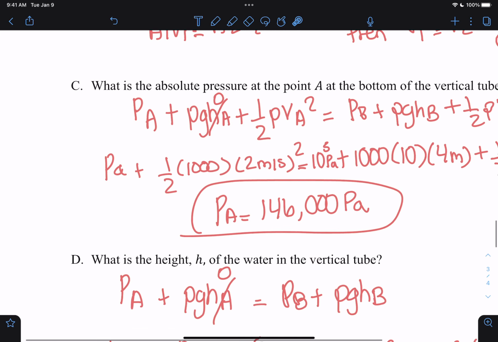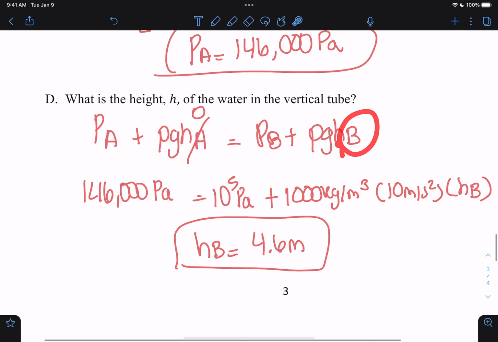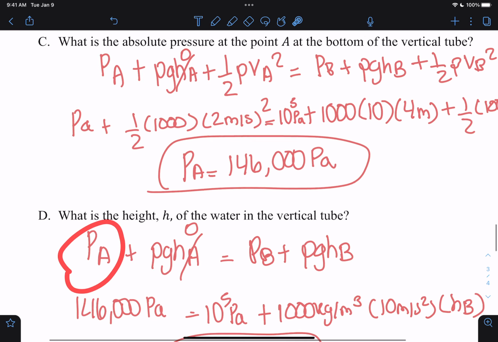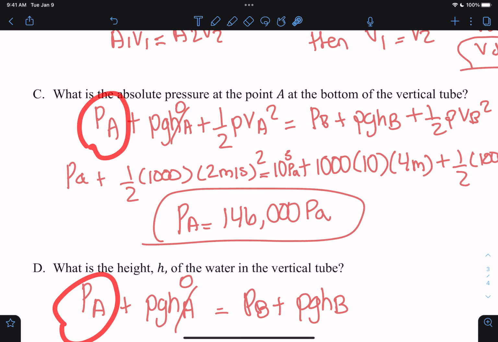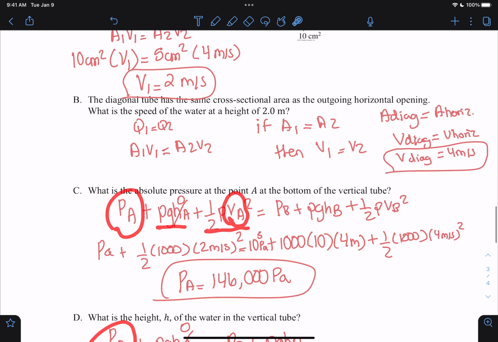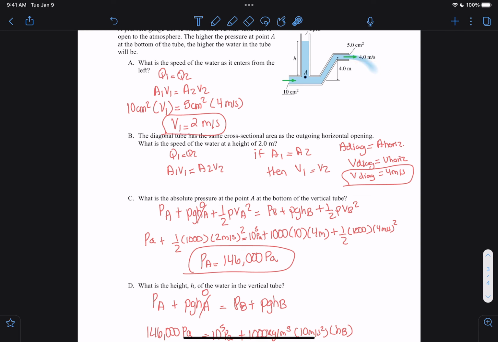If we doubled this HB, we can figure out what PA is. Once we have PA, we can add it to rho g HA and half rho VA squared. Well, what's VA? Remember, VA and VB, we figured that out in part A. They said VB is 4 meters per second, and VA was 2 meters per second.